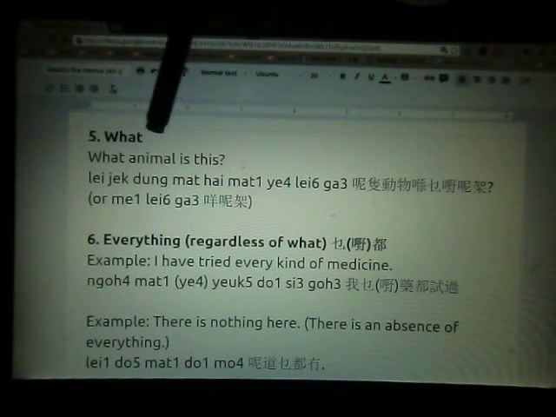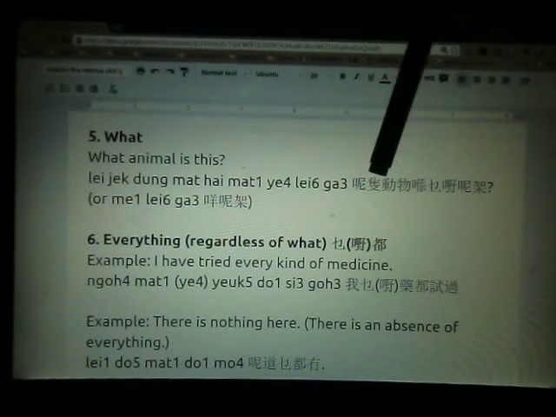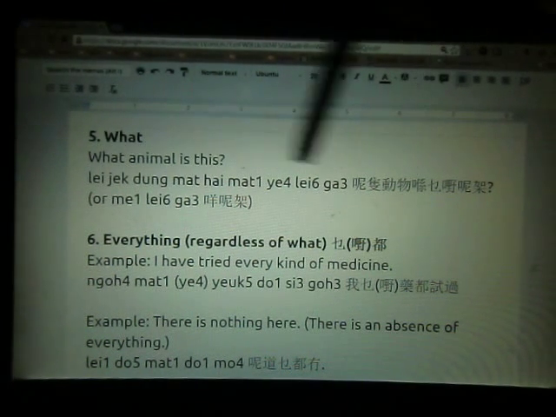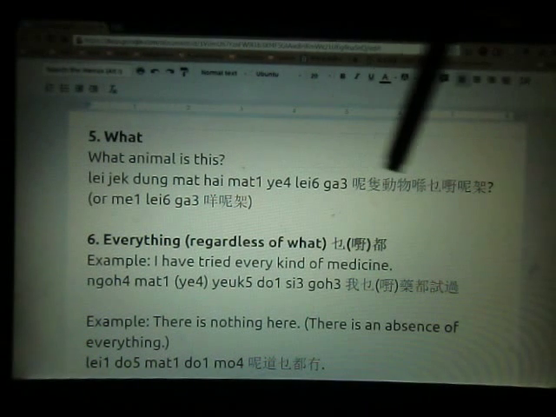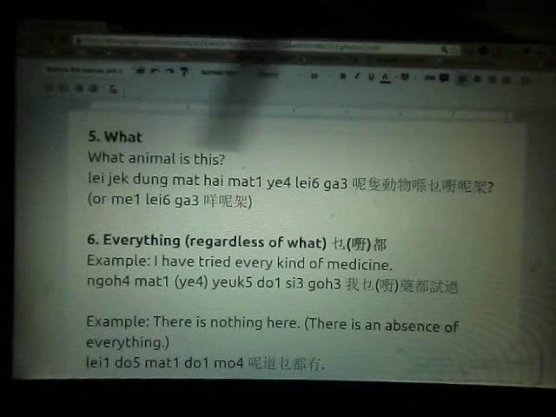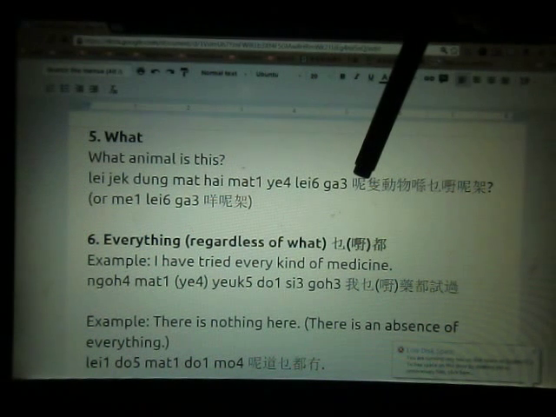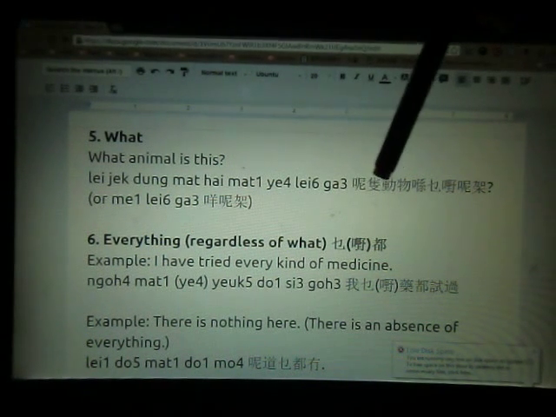And then the fifth meaning. What animal is this? So 乜 can be used to ask a question. Right? So for example, what animal is this? In Cantonese 呢隻動物 this animal. 係 is 乜嘢 what 嚟㗎 so we add 嚟㗎 to indicate a question. This 呢 quantifier 隻 a quantifying unit.